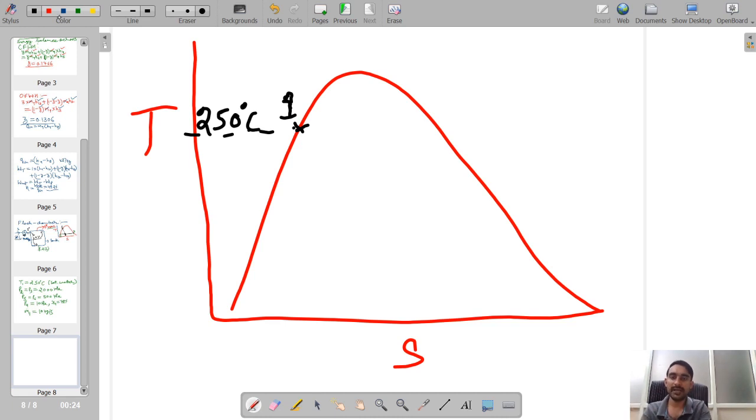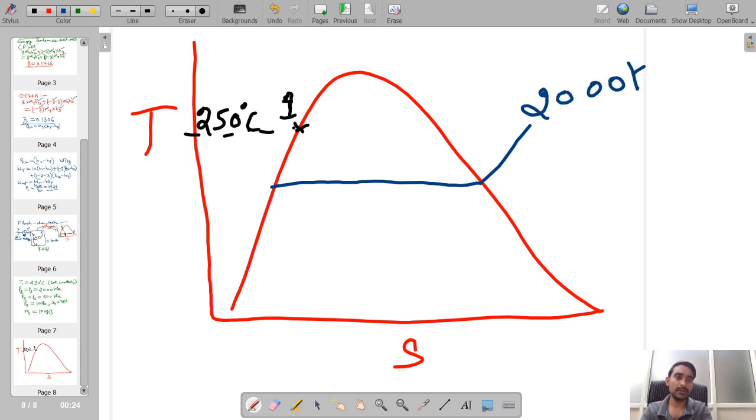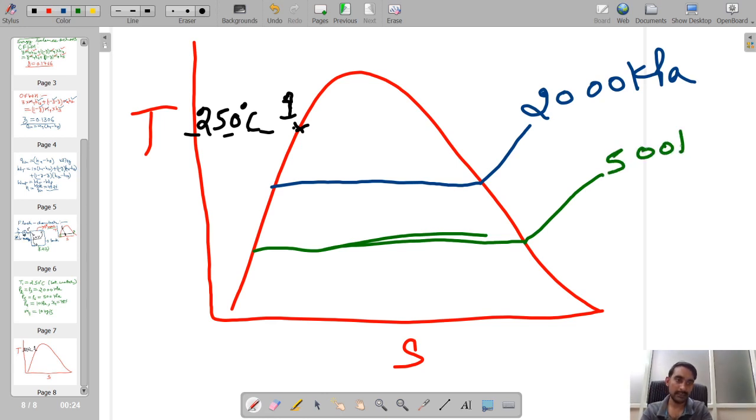After that we have 3 pressure lines. The first pressure line is somewhere over here, at 2000 kilopascals. The second is at 500 kilopascals. The third is equivalent to the condenser pressure, 10 kilopascals.